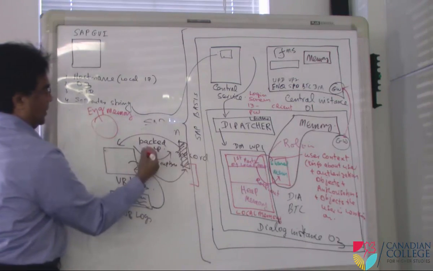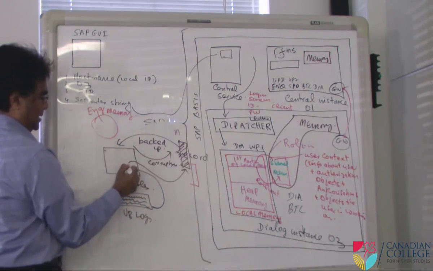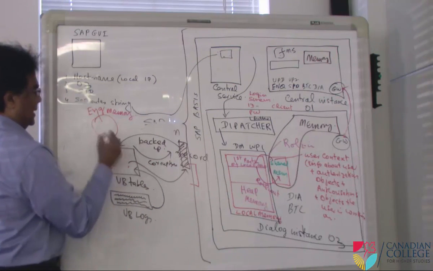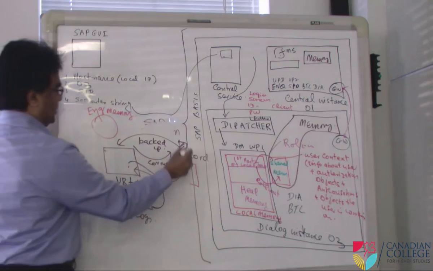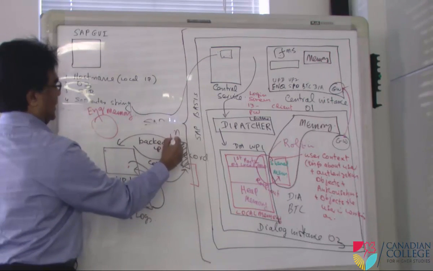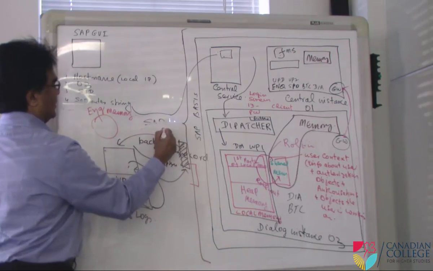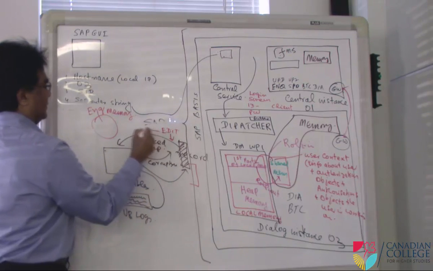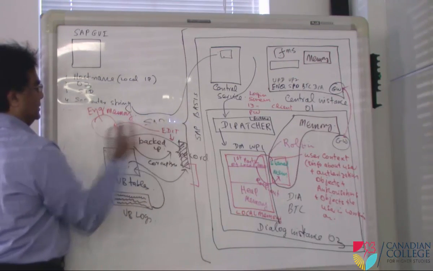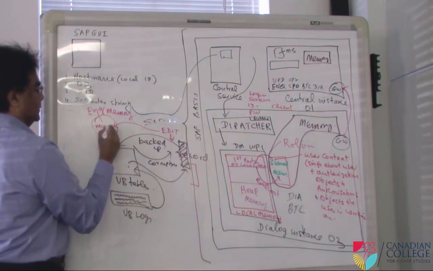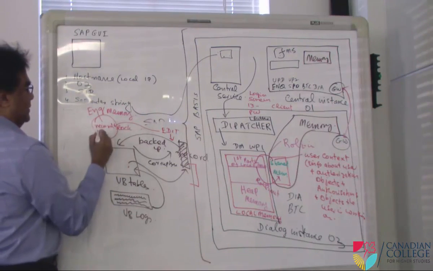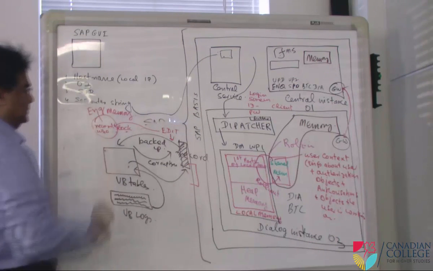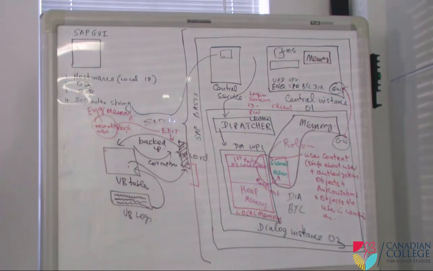Whenever I am trying to update this record, at that time the record has to be locked. Somebody is going to edit a record here, so that record will be locked. Record lock. It will have here who locked it and what record is locked.